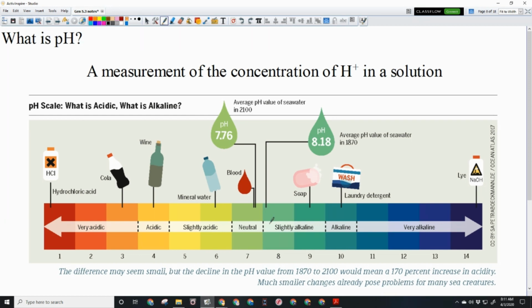And 8, which is above 7, is only going to be slightly alkaline. The most acidic compound, hydrochloric acid, is going to be way down here at the end of the scale. And the most basic compound is going to be way up here at the 14 end of the scale. And then you can see we have other things.